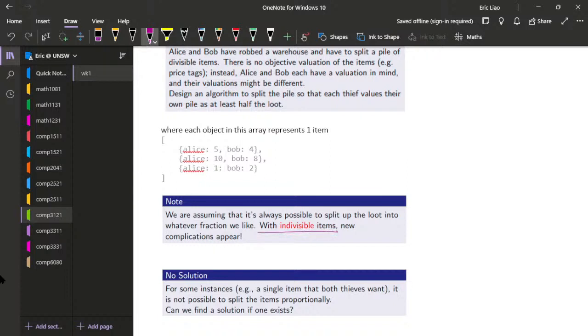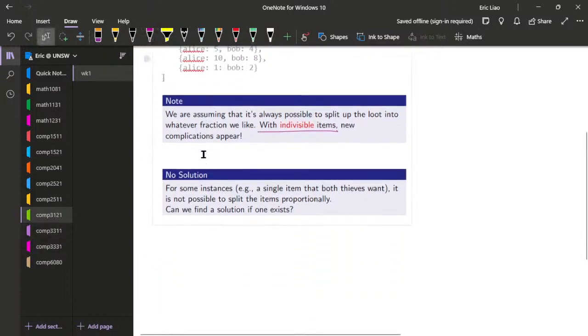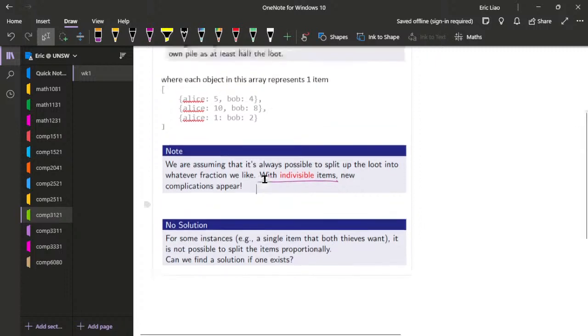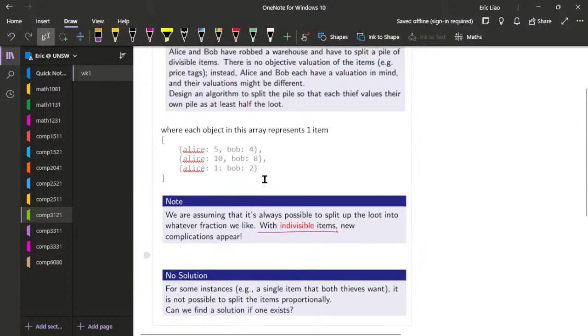That's not even English. For some instances, a single item that bursts, it is not possible to split the item proportionally. Yeah, so if this is both 8, then it's impossible to split them proportionally, right? Oh, no, it's not. I think so. Is it?